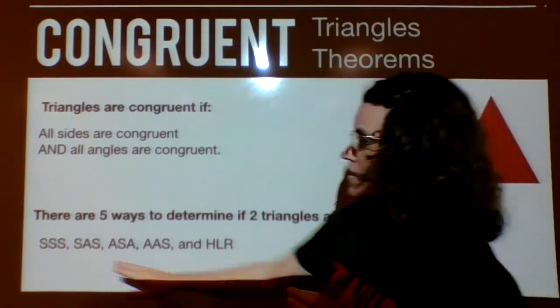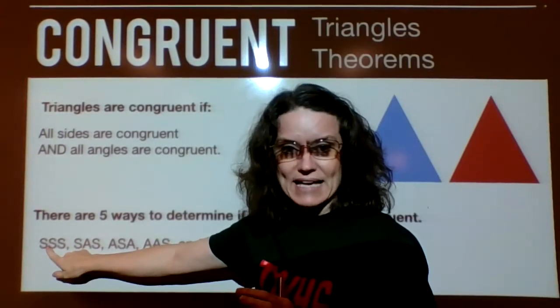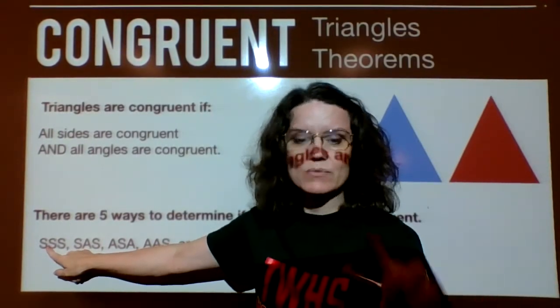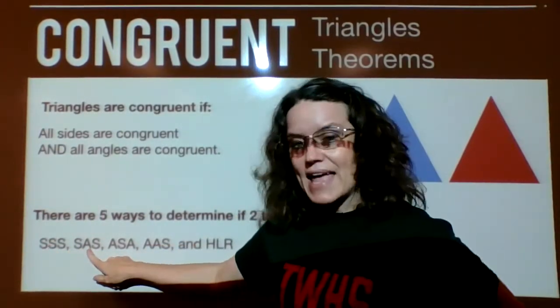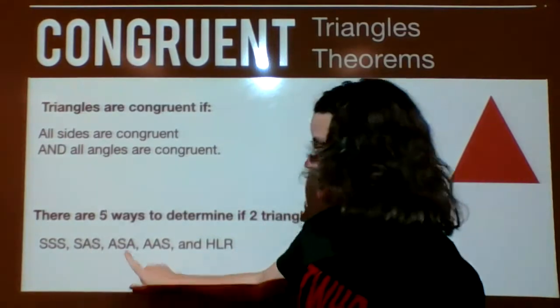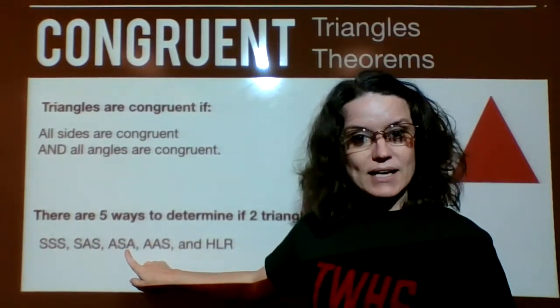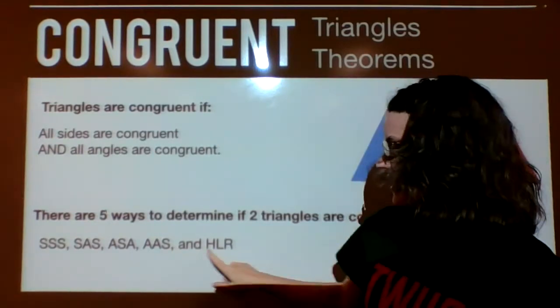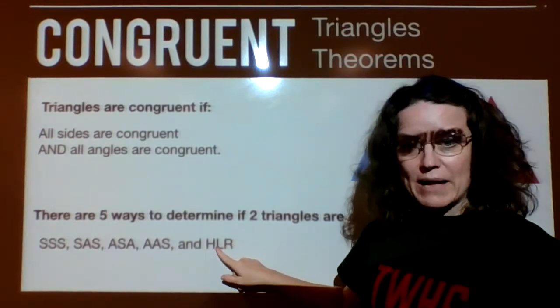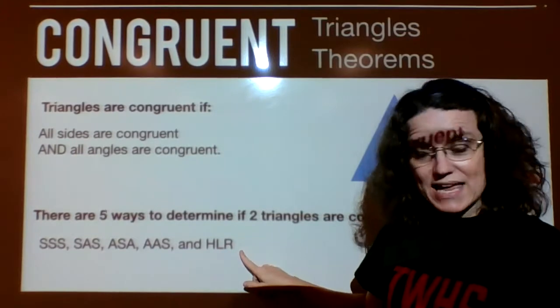Okay, so the 5 ways are SSS, which stands for side, side, side, and we're going to show it on another slide, so calm down. There's SAS for side, angle, side. There's ASA for angle, side, angle. There's AAS for angle, angle, side. And there's HLR for hypotenuse, leg, and a right angle.